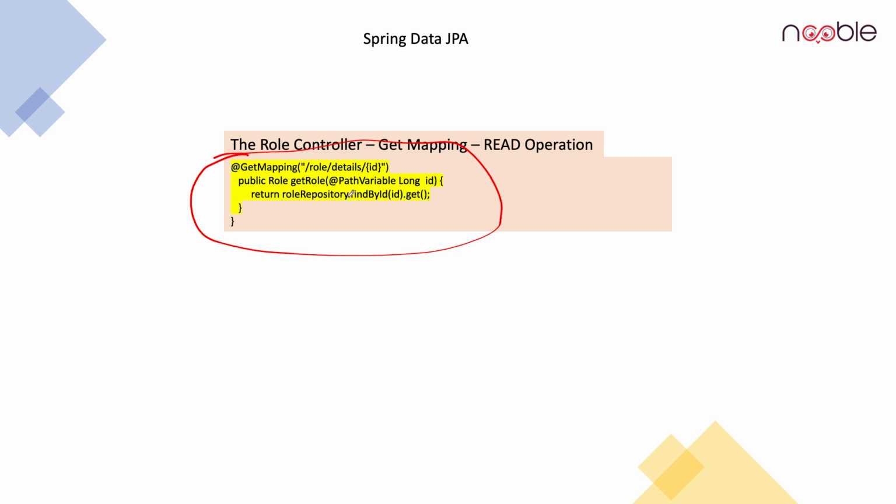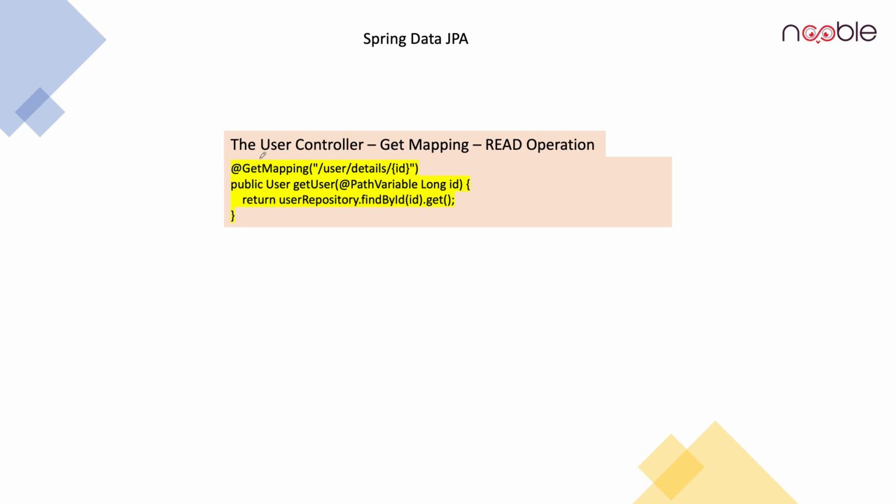For the role repository you can find a method called findById, which returns a role. And now we are doing the same thing with the user controller, using the user repository method findById.get, which will return a user.